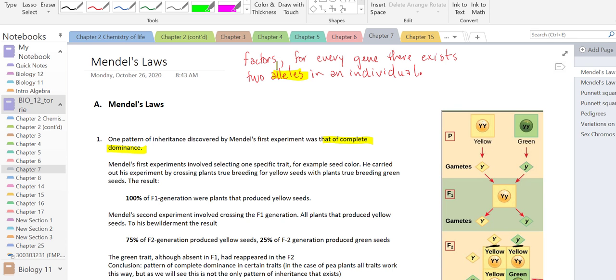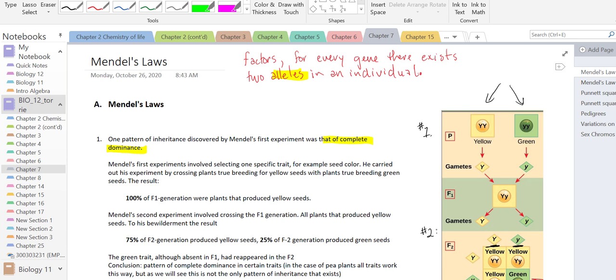In the case of Mendel's pea plants, over here on the side, we're summarizing Mendel's experiments. There are 3 major experiments, but we're going to look at just number 1 and essentially number 2 in terms of how he came up with this idea of complete dominance.